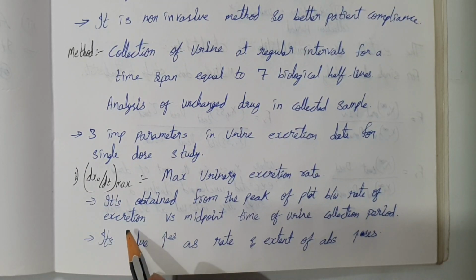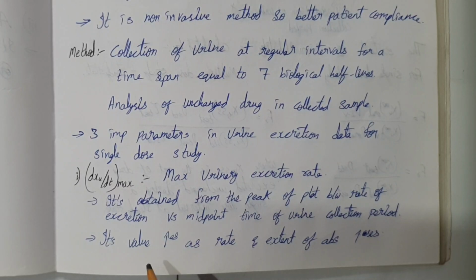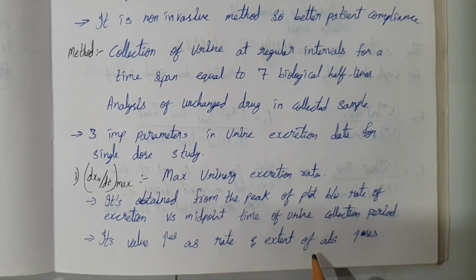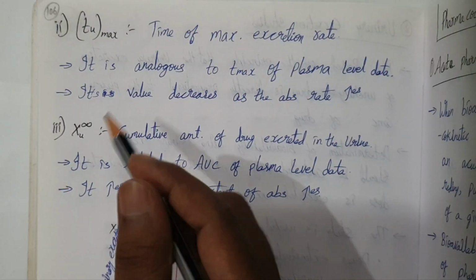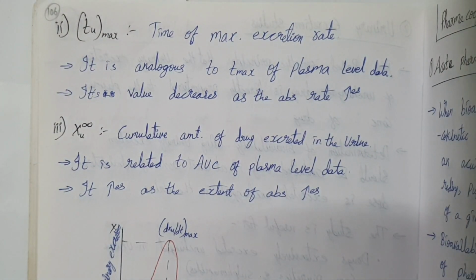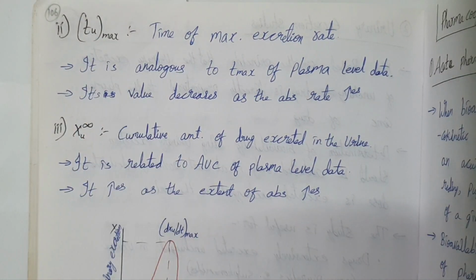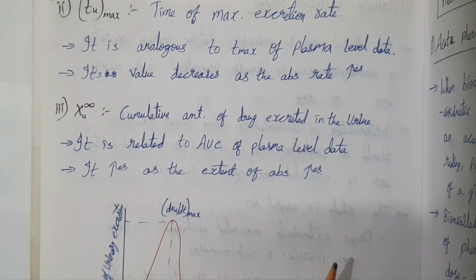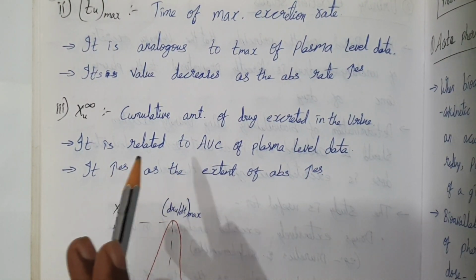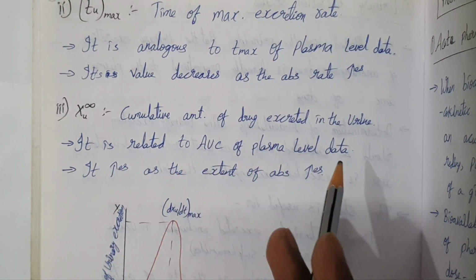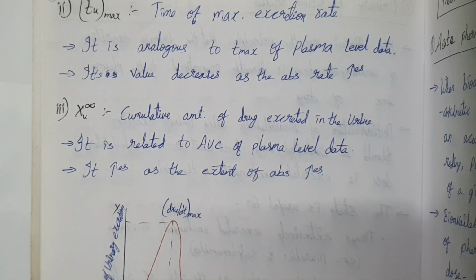Its value increases as the rate and extent of absorption increases. Then we have the Tu max, the time to reach the maximum excretion rate, like Tmax but for urine. And we have the Xu infinity, the cumulative amount of drug excreted, which reflects the extent of absorption.